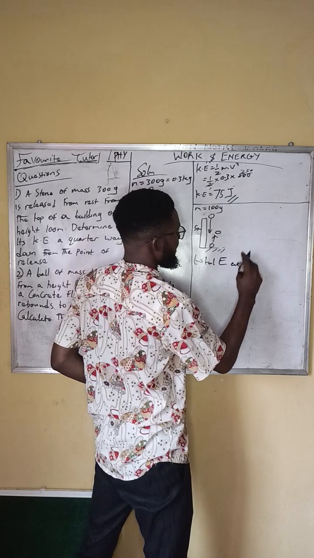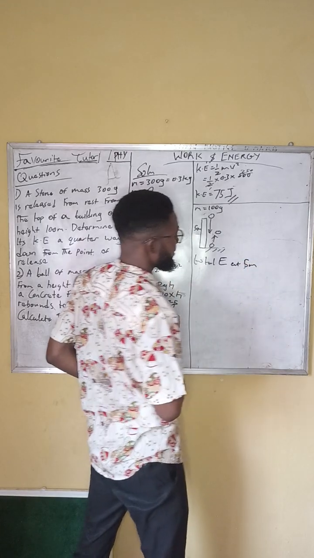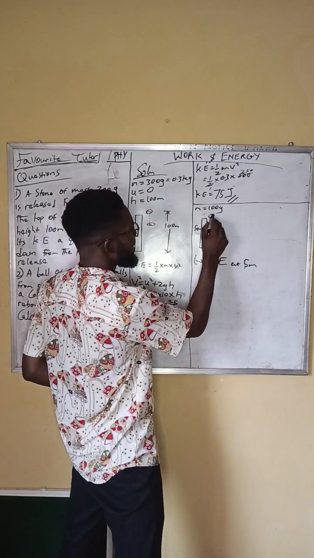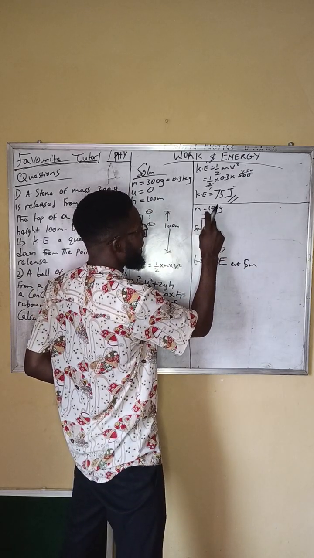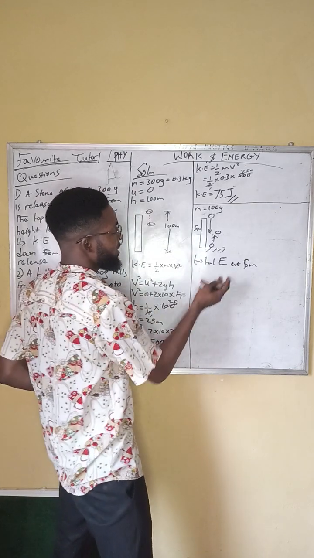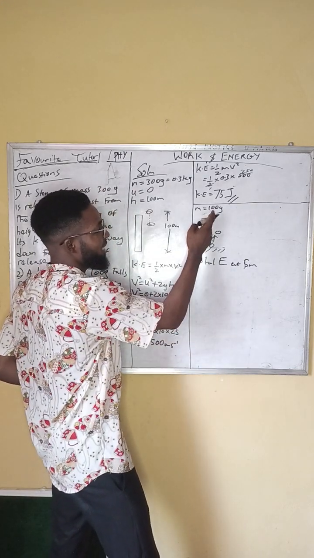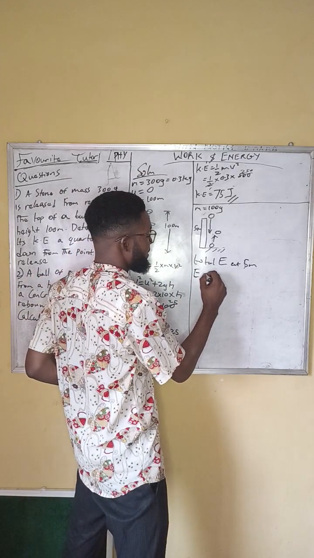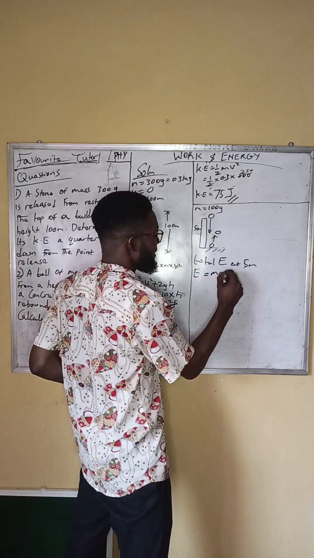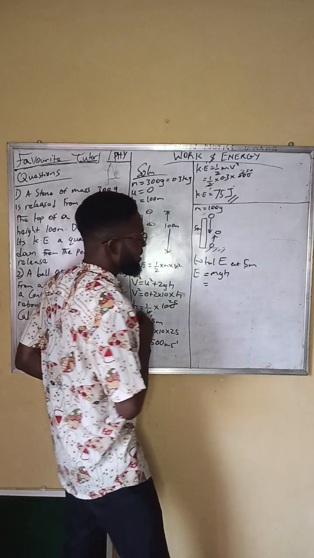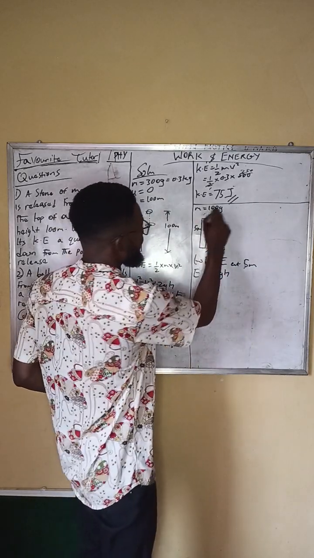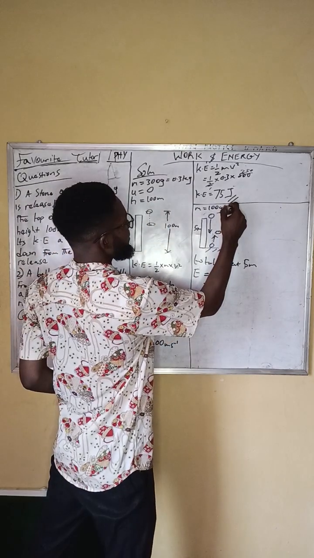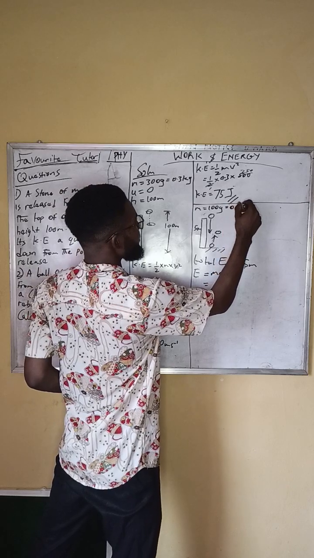So, total energy at 5 meters. What do we have at 5 meters? Right here, maximum height, velocity is 0. So the total energy right here is potential energy, mgh. The mass of the ball is 100 gram. Convert it to kilogram by dividing by 1000, 0.1 kilogram.